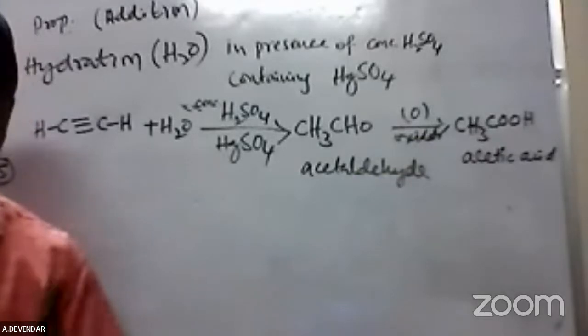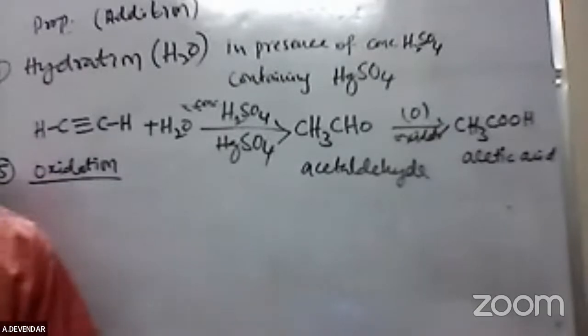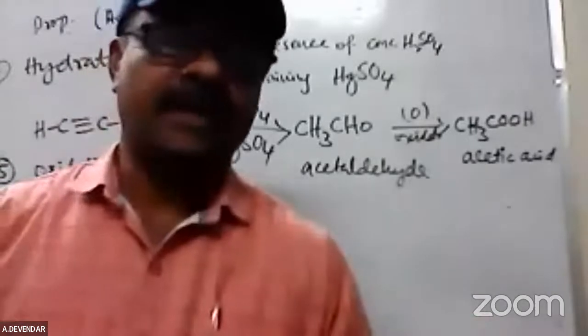And the fifth one, they also ask how to prepare oxalic acid from ethylene gas. So ethylene gas is oxidized. What is a good oxidizing reagent? Potassium permanganate is a good oxidizing reagent.